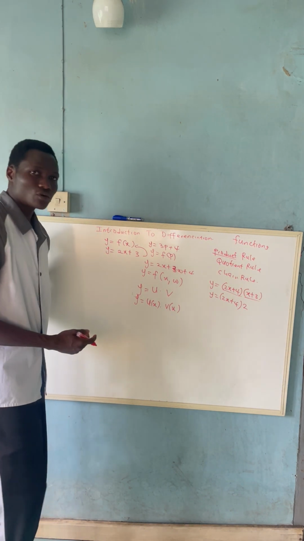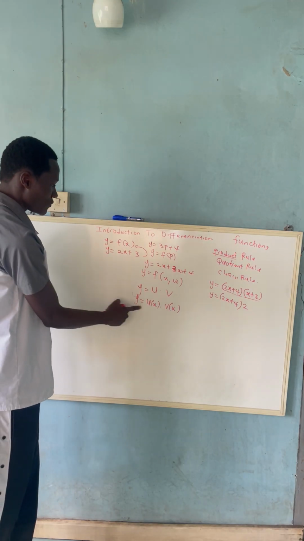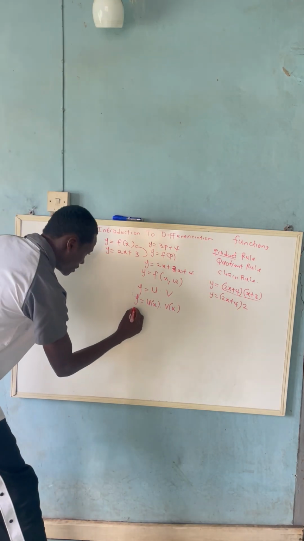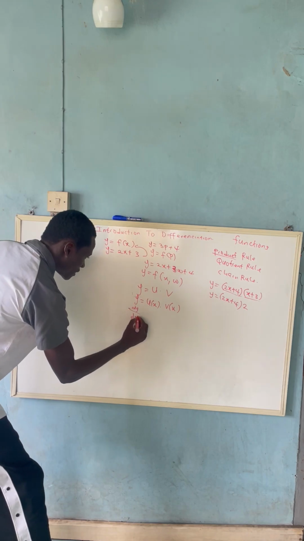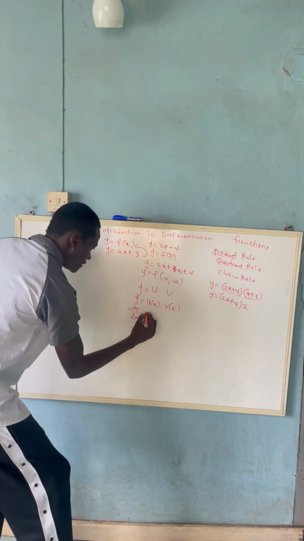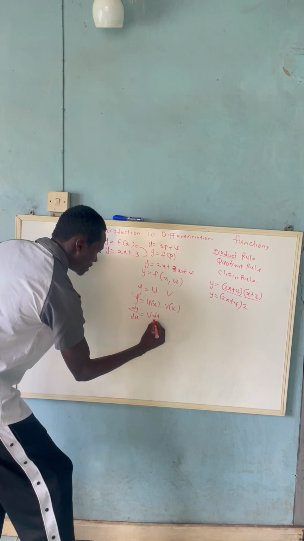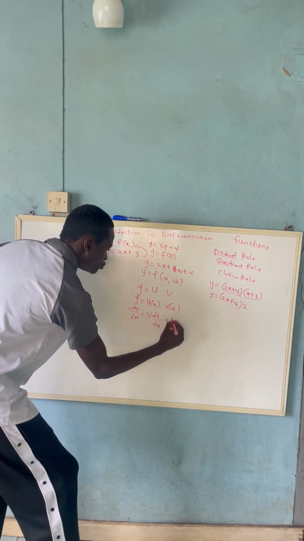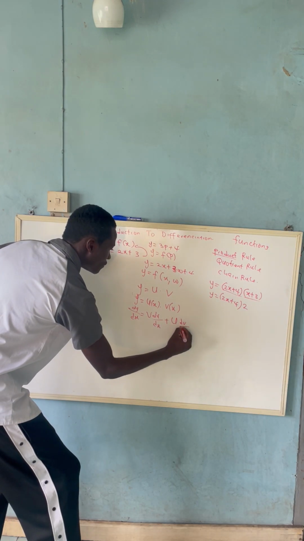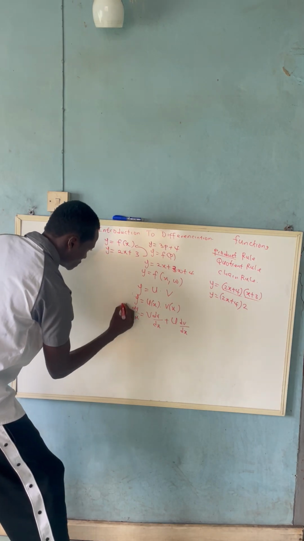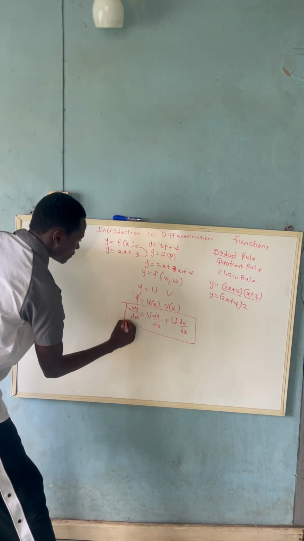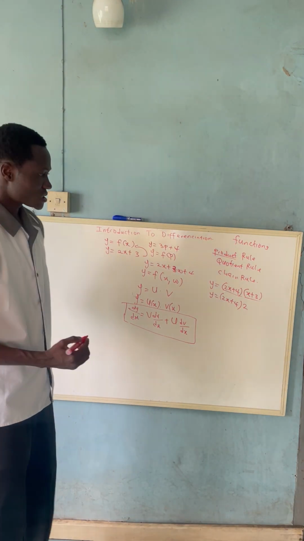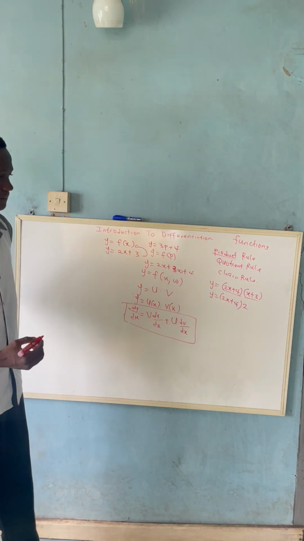Under this condition, the derivative of y with respect to x is dy/dx equal to v du/dx plus u dv/dx. And that is the product rule formula.